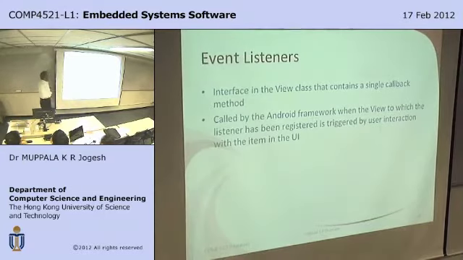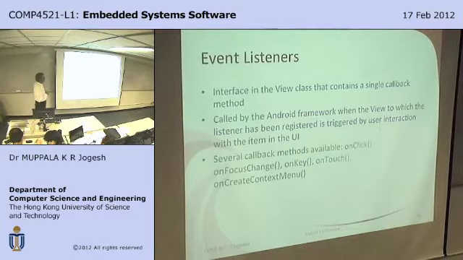Okay, so these event listeners are called by the Android framework when the view to which the listener has been registered triggers it. As we saw, buttons, edit text boxes, and other things that you put on the screen. Whenever you touch them, the corresponding event listener has to be triggered.